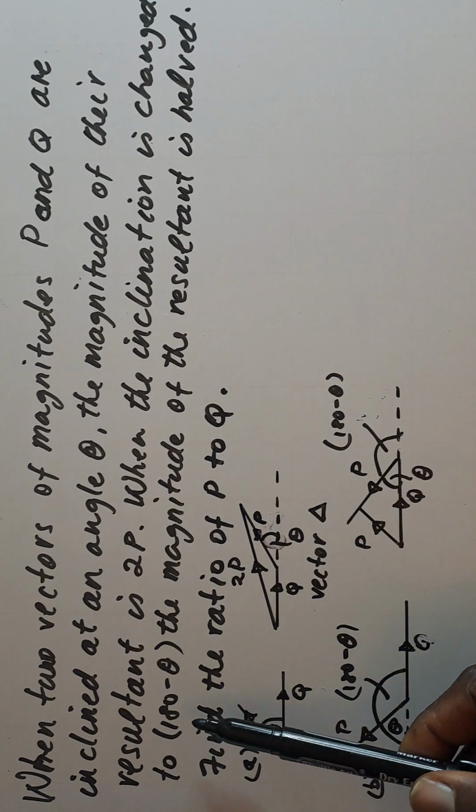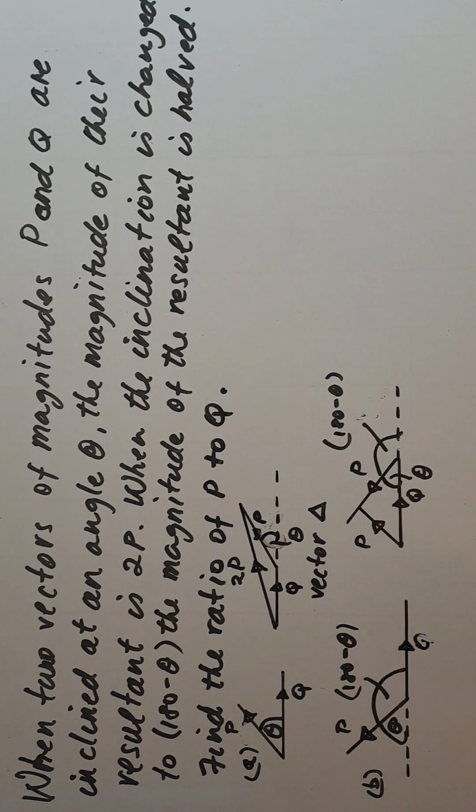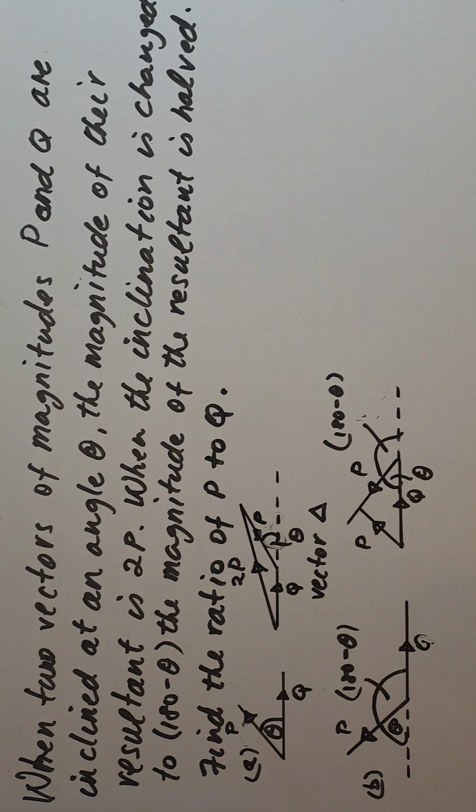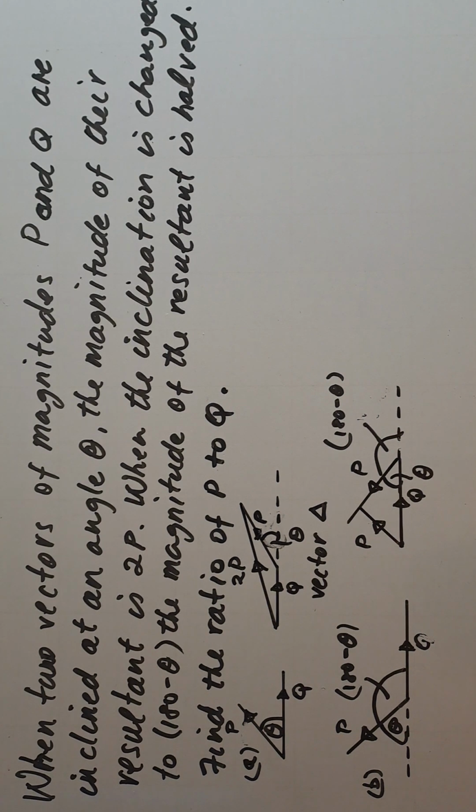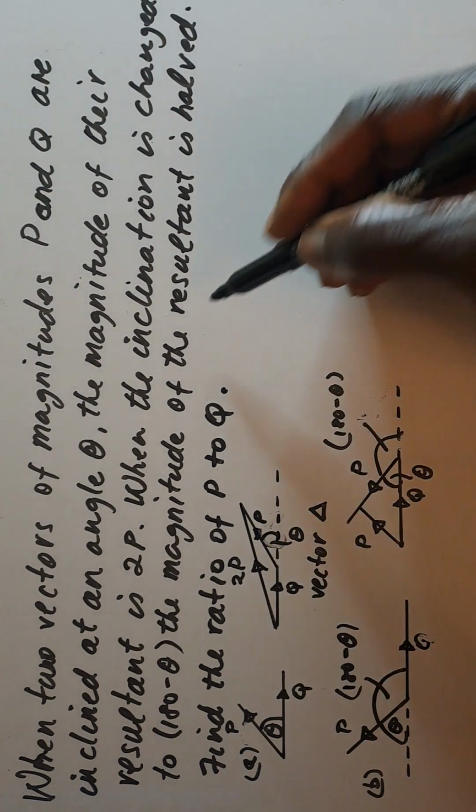Now, as in previous problems I've solved, because they're non-perpendicular vectors, we use the cosine rule. And in this case, we're not using any numbers, so we'll do it in a general way.